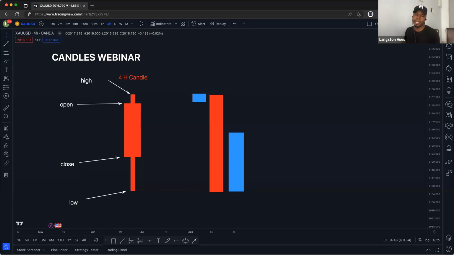And then we may have had another bearish candle that did something like this. And let's say that maybe it created a top wick before driving down to here. Potentially a bottom wick also.